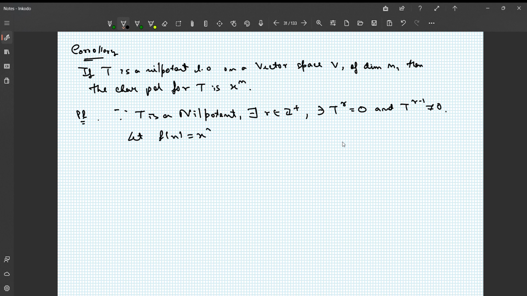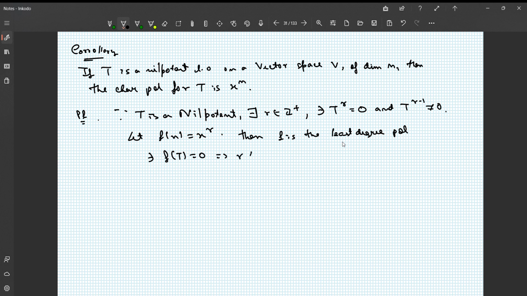Let f(x) be equal to x to the power r, then f is the least degree polynomial such that f(T) is 0, right?